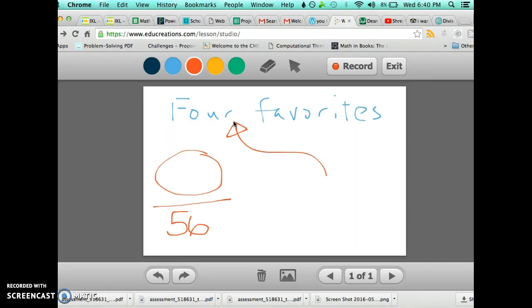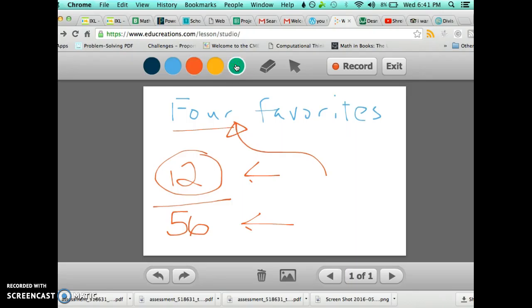There are 8 times 7 or 56 possible combinations of songs. Then there are 4 times 3 or 12 possible combinations of our 4 favorites. So 12 over 56 would be our answer.